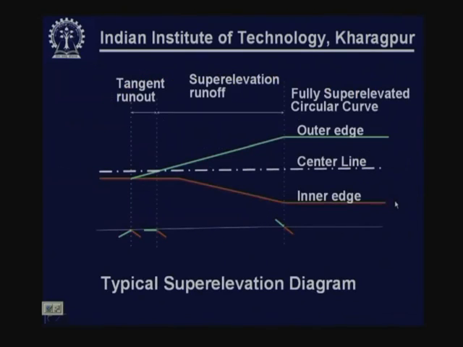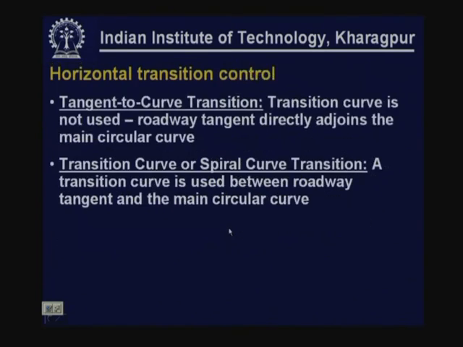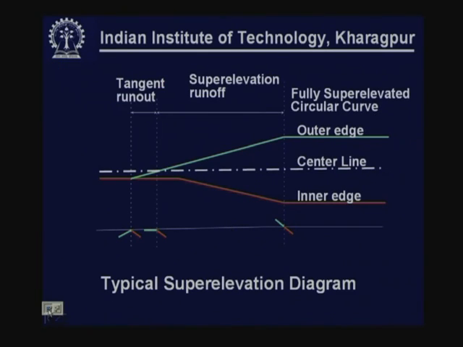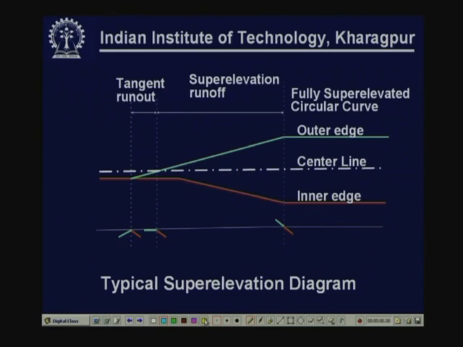Now, the same thing is shown here in a typical superelevation diagram. This is the tangent portion, up to this line. Therefore, the slope is equal to the camber, the normal cambered section.